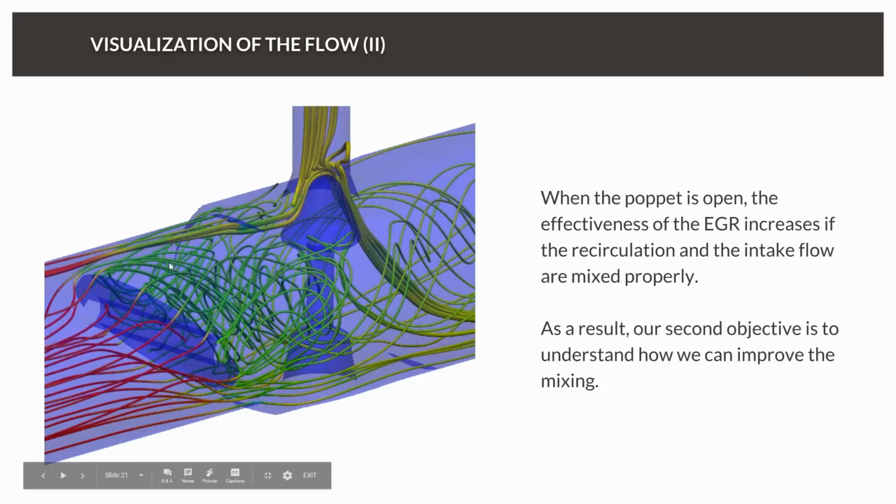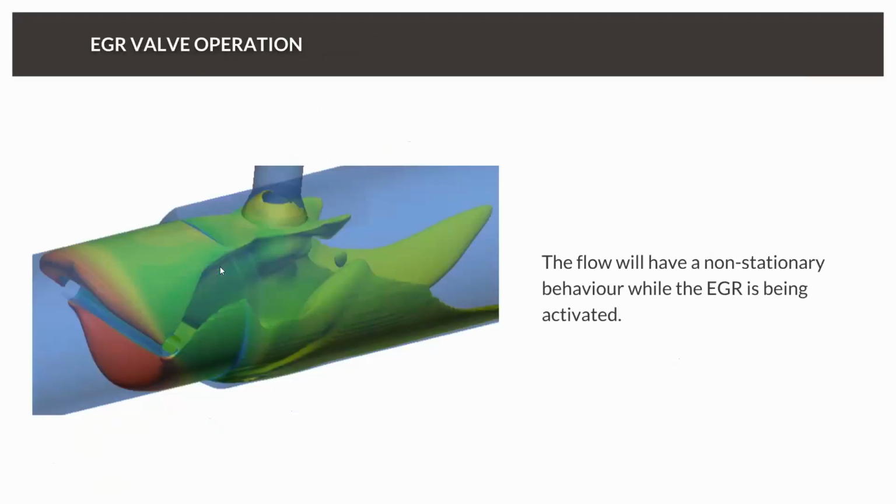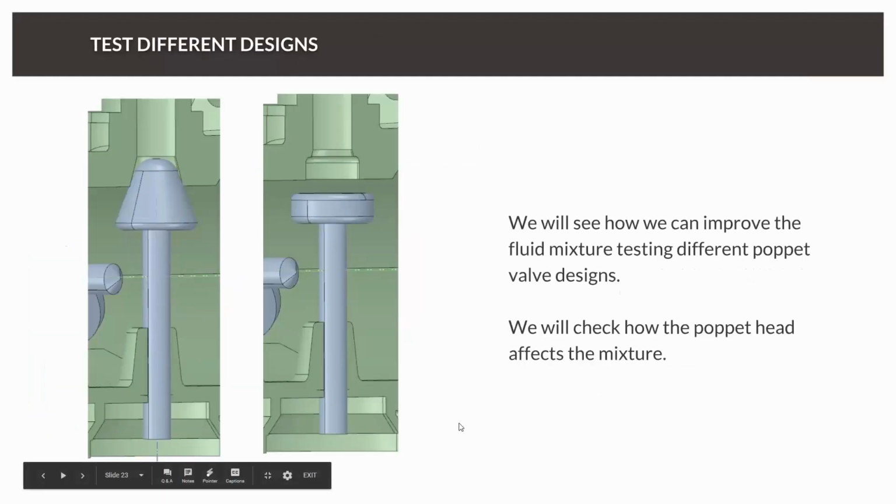But we really need to make sure it's enough mixing, because the effectiveness of the EGR really depends a lot on the mixture between the exhaust gas and the fresh intake flow. And now let's try to understand what is happening.